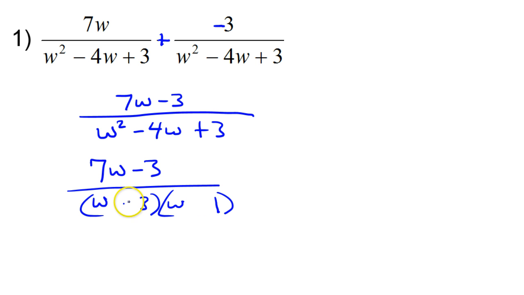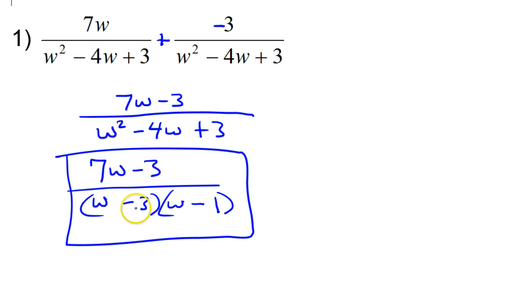To make -4, that would have to be negative and negative. Now, there is nothing that I can actually cancel out. If somehow we had 7w minus 3, I could cancel out the numerator, and I'd have 1 over w minus 1. But it's just w minus 3, so there's absolutely nothing I can cancel out. So this is my final answer.